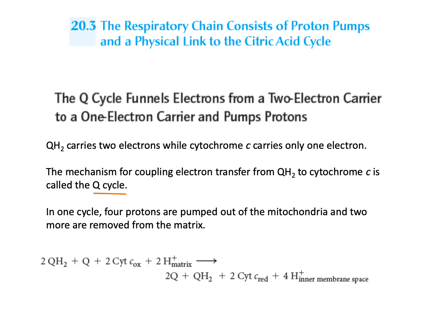In one cycle, 4 protons are pumped out of the mitochondria and 2 more are removed from the matrix. You can see 2 protons needed for the reaction, 4 protons produced at the intermembrane space.